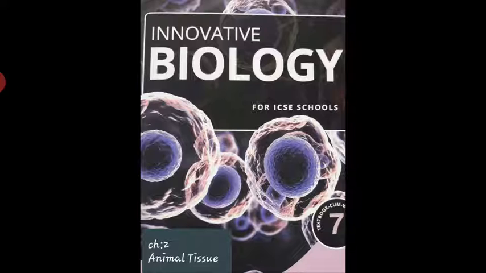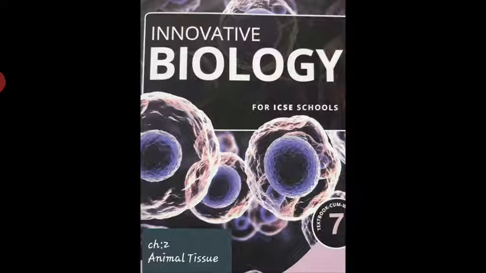In multicellular organisms, a group of similar cells performs a specific function. Multicellular organism means an organism having more than one cell. In multicellular organisms, a group of similar cells performing a specific function, such an aggregation is called tissue.